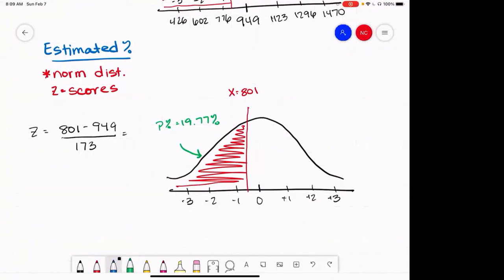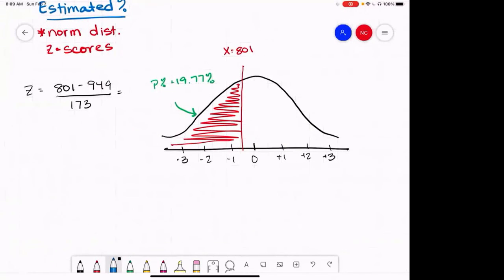So what does this mean with regards to our distribution? It means if you remember the ranges of our percentages in our z tables, we assume 50% of the data is both above and below the mean. Okay.